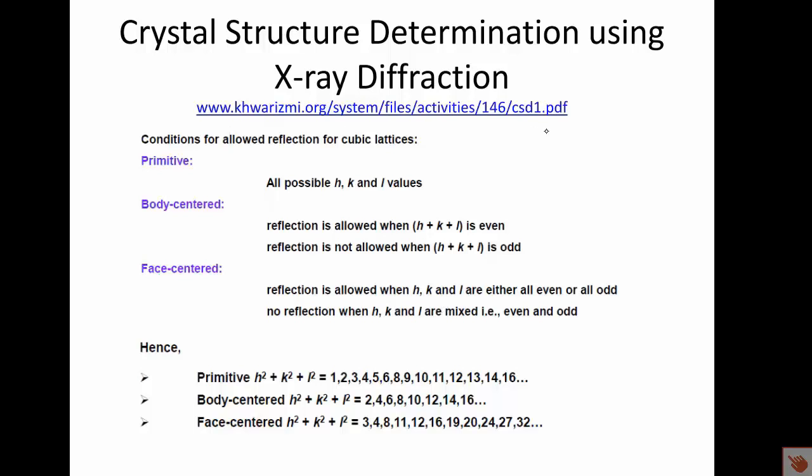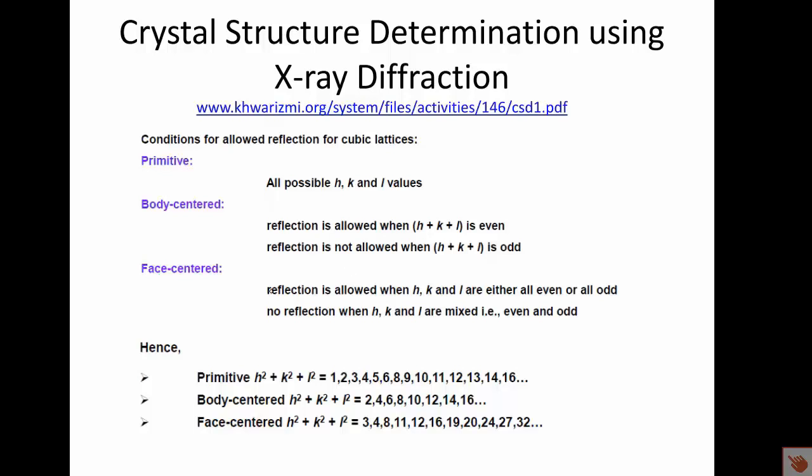In this article by Dr. Scher, he outlines that there are certain conditions on the combination of H, K and L for different crystal types to give a reflection.